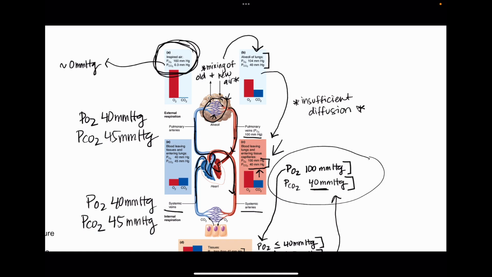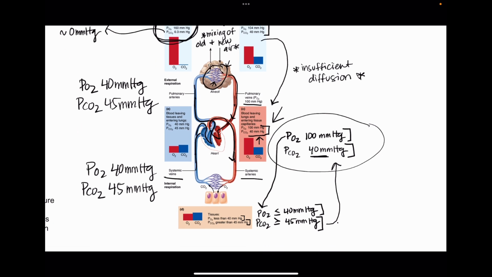So when we have differences, you don't see as big of a difference, and there's not as much CO2 moving as we have oxygen moving. Remember, when there's a greater difference in concentration or gradients, then things end up moving faster.